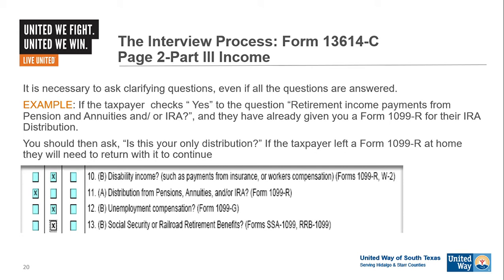So you just want to make sure that they have all the documents. If you want to start on the tax return but just let the tax preparer know that they're missing something, we can go ahead and do that, but the client does have to come back that same day.